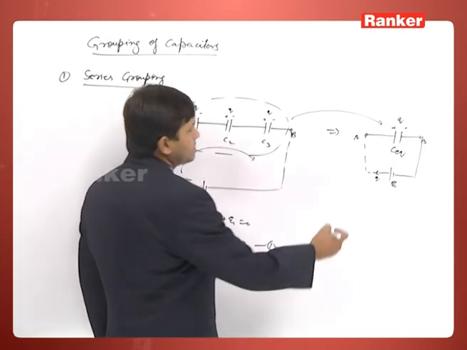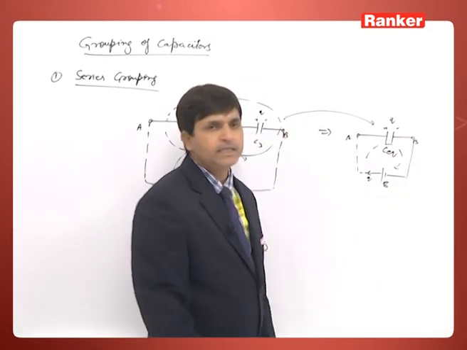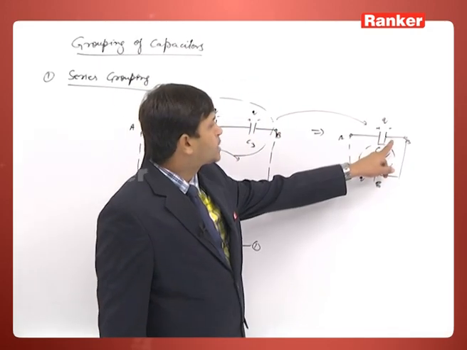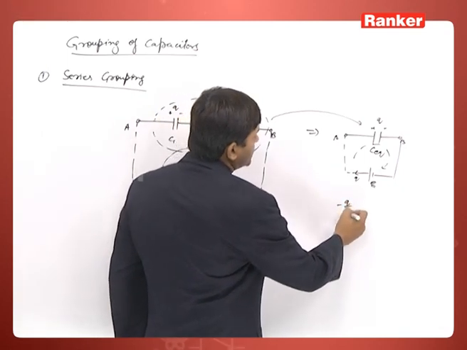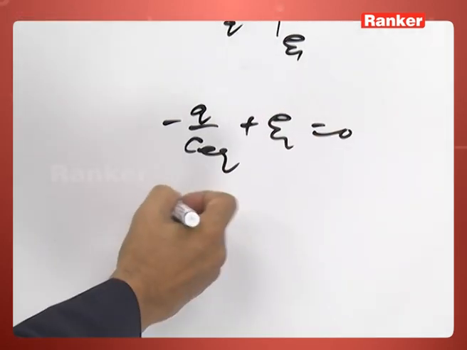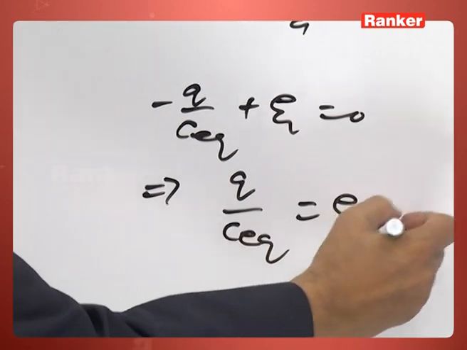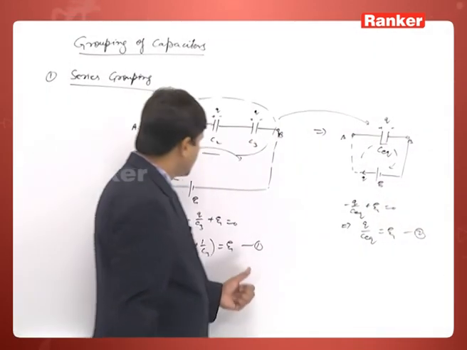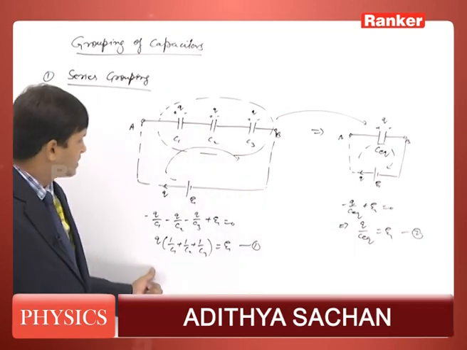Similarly, we apply the same Kirchhoff law here. Then see: minus Q by C equivalent plus E is 0. Then Q by C equivalent is equal to E. See from equations 1 and 2, see the similarity.